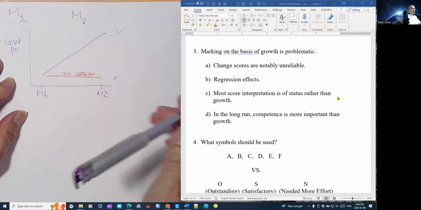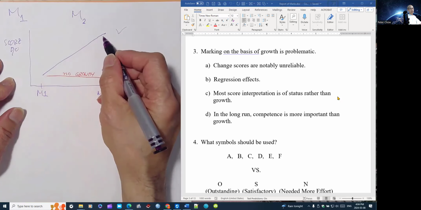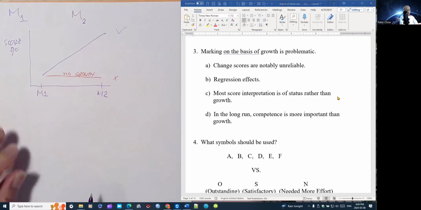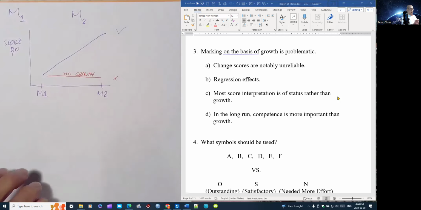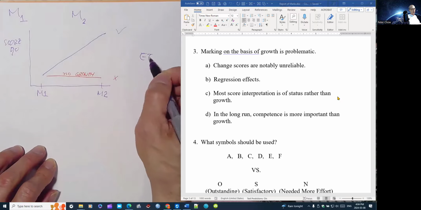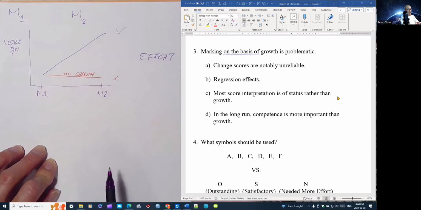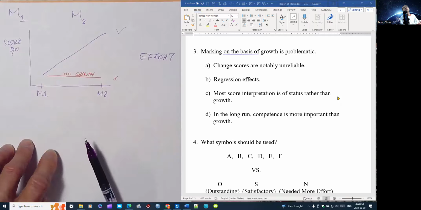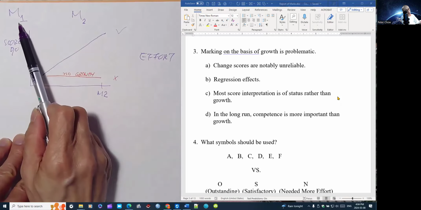Here, tremendous growth. Now, if you are smart, knowing that my effort is what is being marked, then you will do your best to get the lowest mark here.